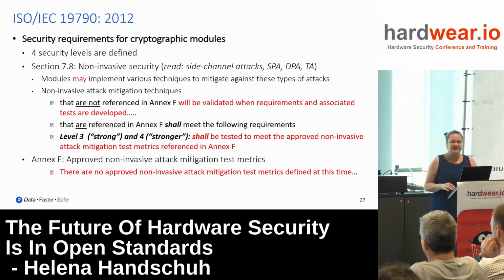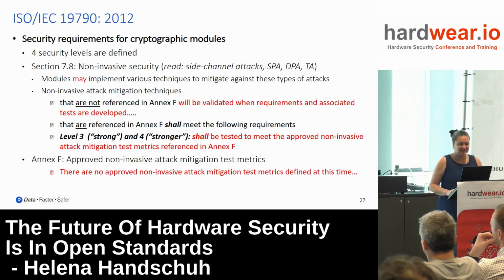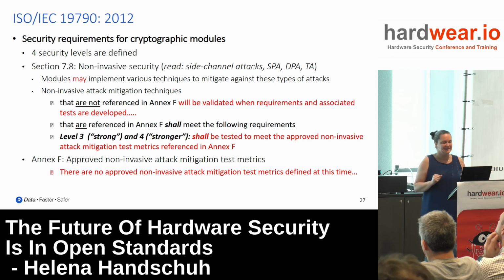And it says it shall be tested to meet the approved non-invasive attack mitigation test metrics referenced in Annex F. Now, Annex F is not all that filled in yet. It's still a bit sparse, so the link is still missing a bit, but we're getting there. So pieces of the puzzle are starting to fall in place. You have all the requirements, all the shells and everything. There's just one little link missing.